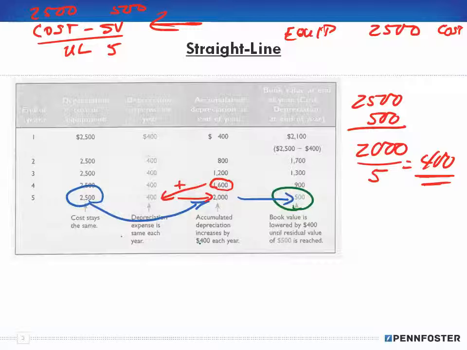Okay. Now, understand that when you first buy it, in this case the equipment for $2,500, that was our purchase price. That's what we paid in the store. But when you're creating this depreciation, we use these methods.